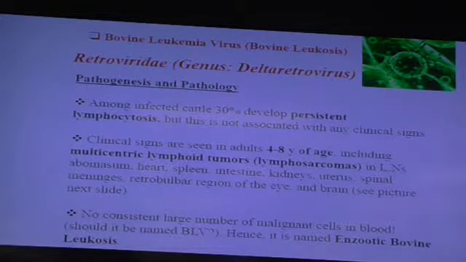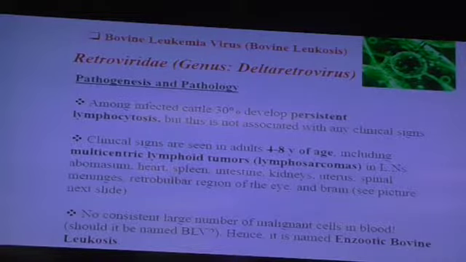Now, 30% of the animals develop lymphocytosis, persistent lymphocytosis. So what you have is basically a replication of lymphocytes in large numbers, present in blood circulation as well as in different organs.